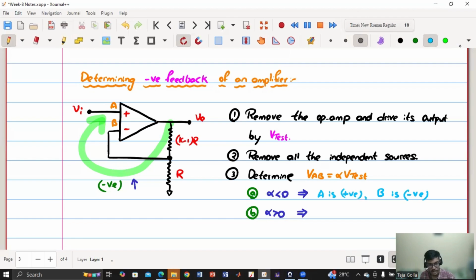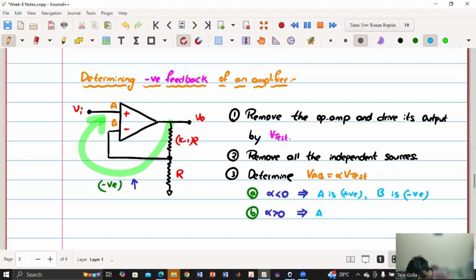VD should be negative, but VD is nothing but V positive terminal minus V negative terminal, right? So if VD is coming out positive, it means you are doing V minus minus V plus. So A is now negative and B is positive.